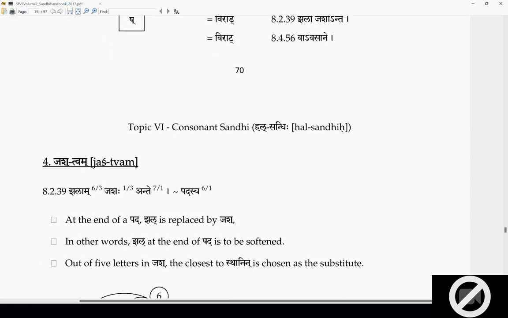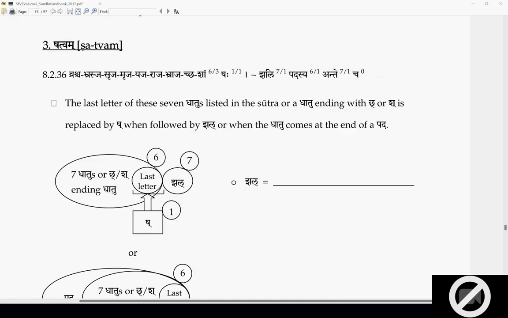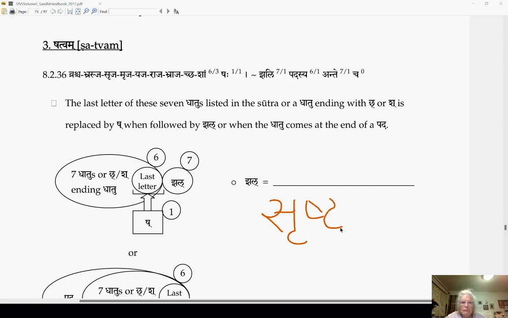Similarly, you might be knowing this: srushta.